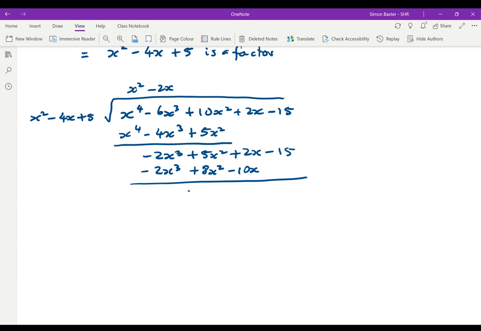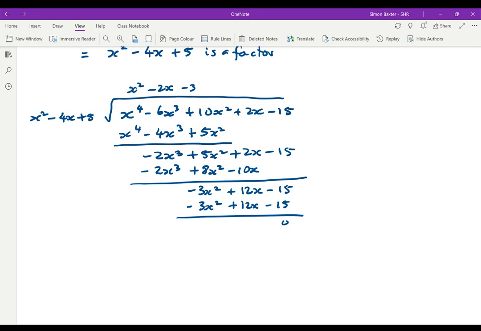We're left with minus 3x squared. 5 minus 8. 2 minus minus 10 is plus 12x. And take down the 15. For x squared, minus 3x squared, we need minus 3. That gives us minus 3x squared. Minus 3 times minus 4 is plus 12x. Minus 3 times 5 is minus 15. And we've finished.